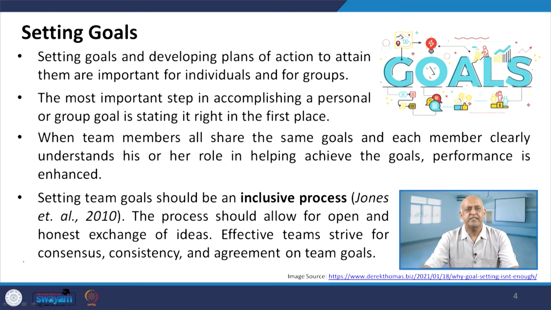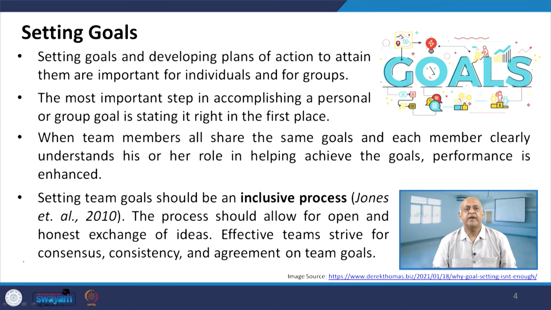So it is very necessary that the individual goals, team goals, and organizational goals should have a common share, and each and every member of the team works with this understanding: when he is helping to achieve the organizational goals, simultaneously he is able to achieve his own goals also. So setting team goals should be an inclusive process.